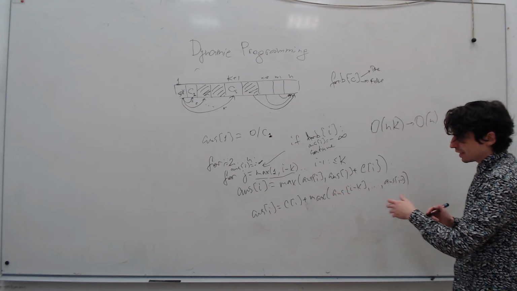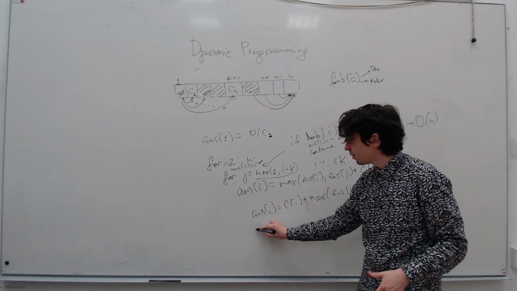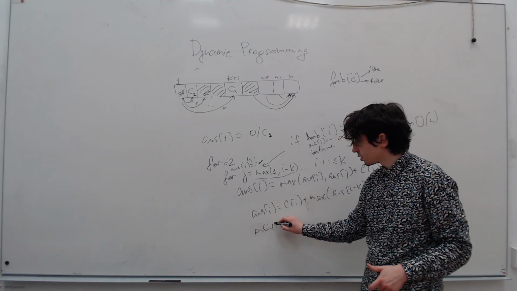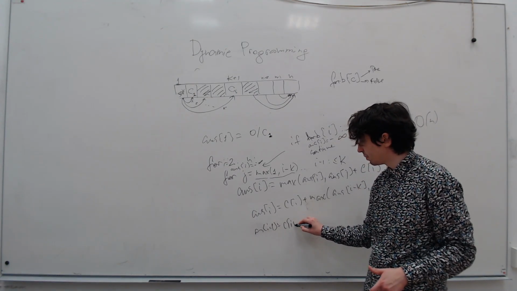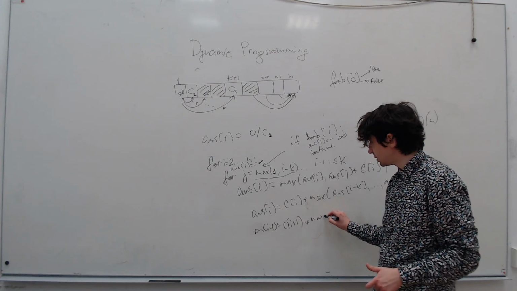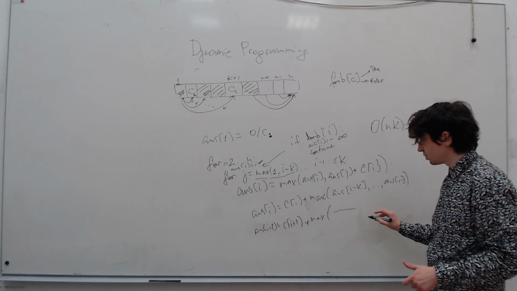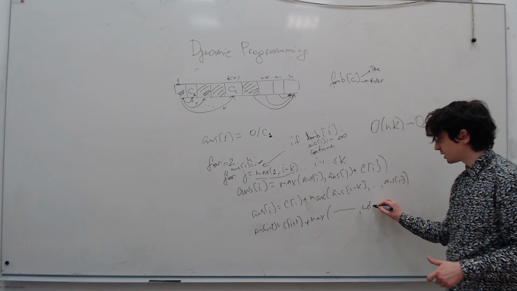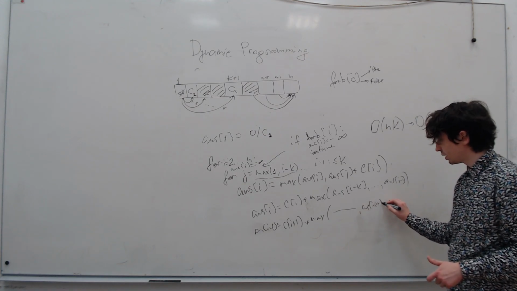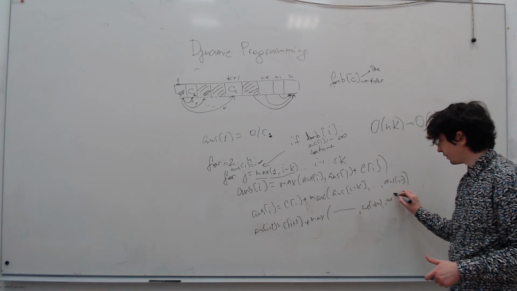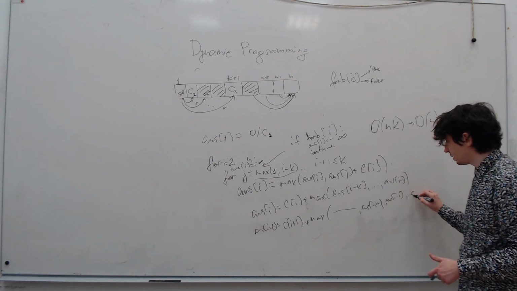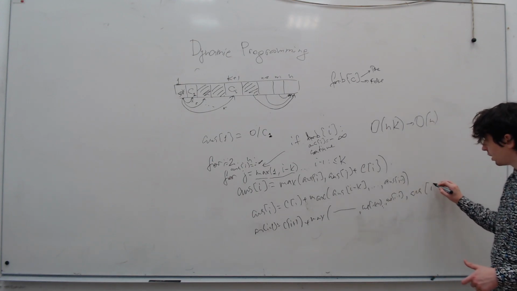So for the answer i plus 1, it will be Ci plus 1 plus the maximum. You don't have i minus k, but you have right now ans i minus k plus 1, then you have ans i minus 1, and finally ans i.